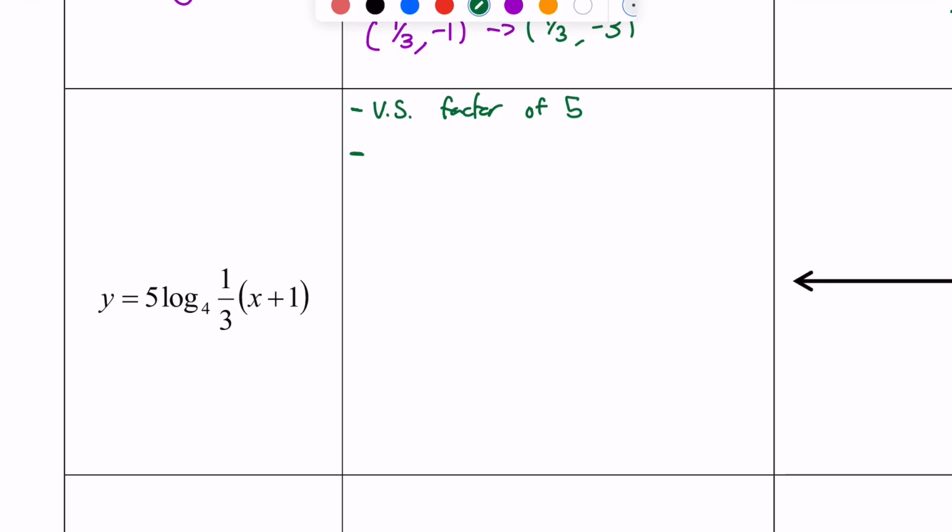The next one that I'm going to encounter is this 1/3 right here. Because k is a third, that means this whole function is occurring at a third of the speed, meaning that it takes 3 times longer for things to happen. That's why it's stretching itself out. So this is a horizontal stretch.